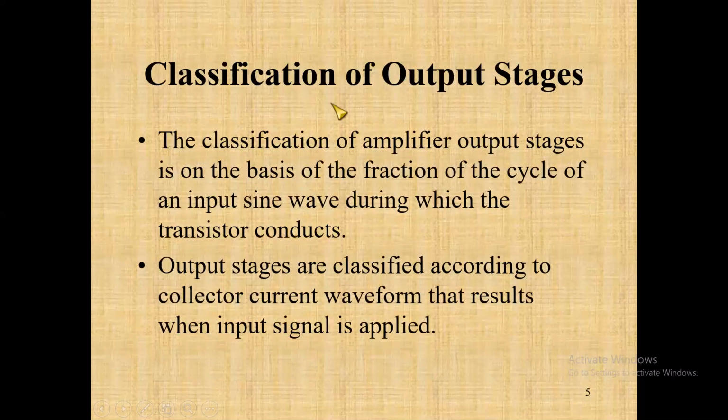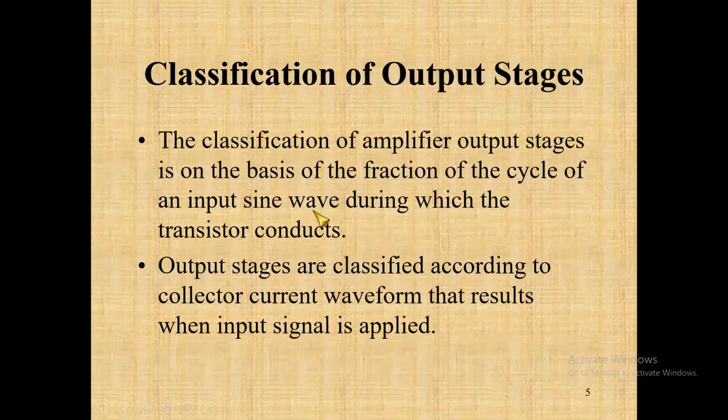Now we are coming to the classification of the output stages. The output stages are generally classified on the basis of the fraction of the cycle of the input sine wave during which the transistor is going to conduct.